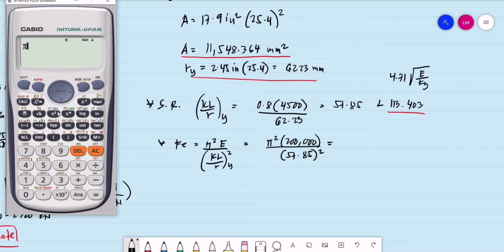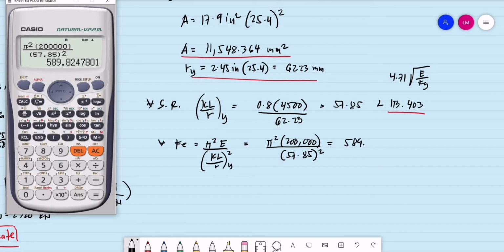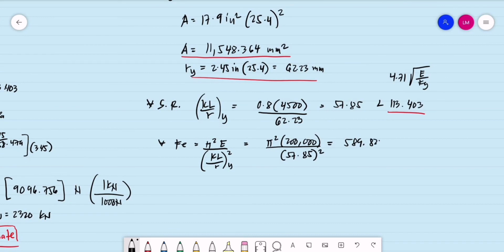Okay, we have shift pi squared, then multiplied by 200,000, then divided by 57.85, then squared. It's 589.825 megapascals.